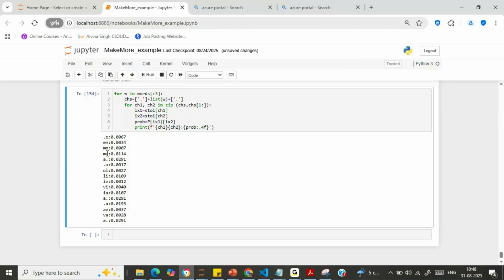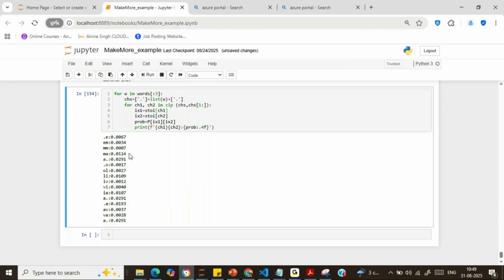Okay. So what I have done over here is tried to calculate the probability of each and every iteration. Like over here, if I'm saying, say, e is the most likely character after dot with respect to the m I'm talking about, its probability is 0.0067%, say near to 1%. Then m is coming after e, its probability is less. M after m, it is having very less probability.